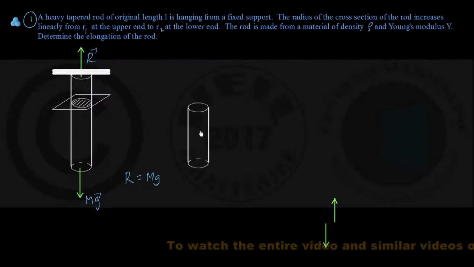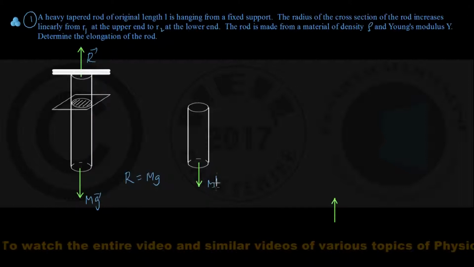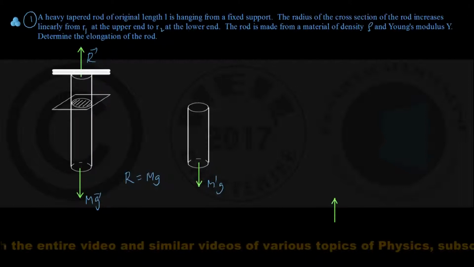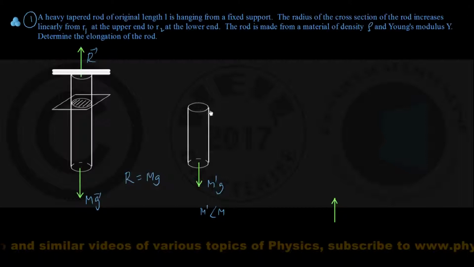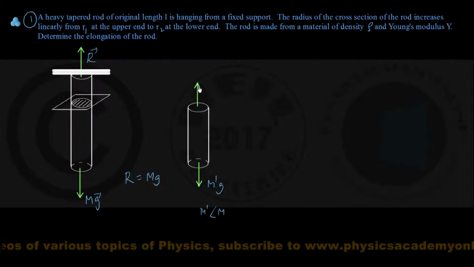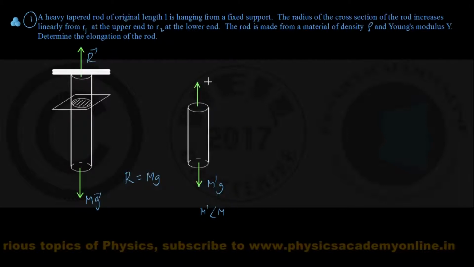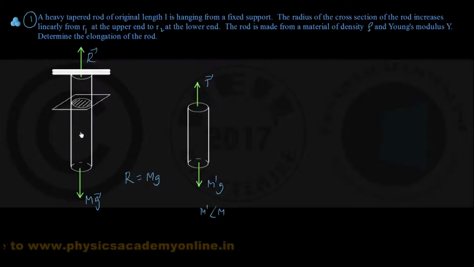This part has a smaller mass compared to the whole rod. So the force of gravity acting on it is m' g, where m' is the mass of this portion, and it's understood that m' is less than M. At the upper end of this part, that is this section, suppose the tensile force acting upwards is this vector T. Since the whole rod is in equilibrium in suspended position, either part of it, the upper part or the lower part, will also be in equilibrium under the respective forces acting on each of them.